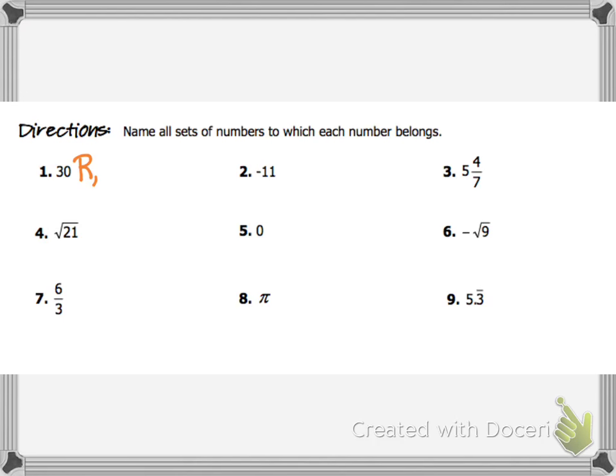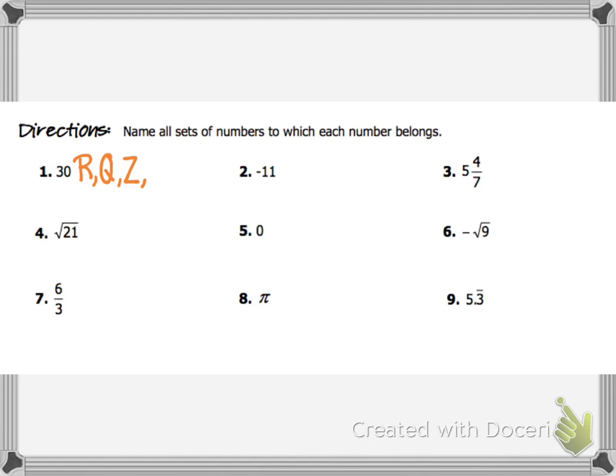So since 30 does end, then we know that it is going to be rational. So I use a Q to represent rational. Now since it's rational, I ask myself, is it an integer? Well, does it have a decimal? No, it doesn't. So it is an integer. Remember, I use a Z to represent integer. Now, since it is an integer, I ask myself, is it a whole number?